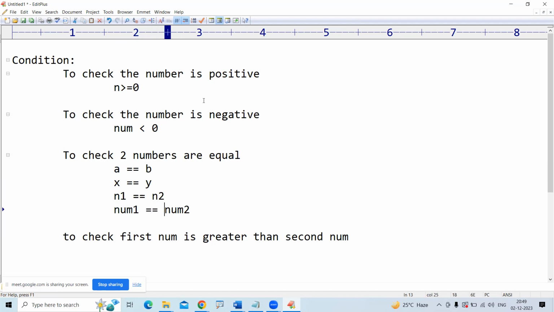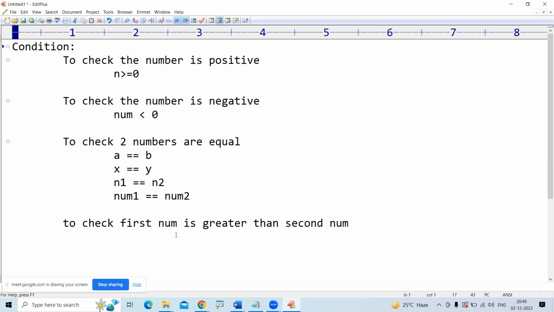Any name you can use for a variable. To check the first number is greater than the second number, just A is greater than B. So these are the conditions.